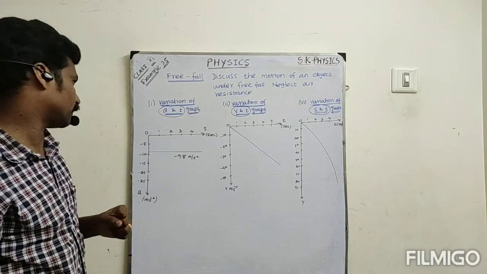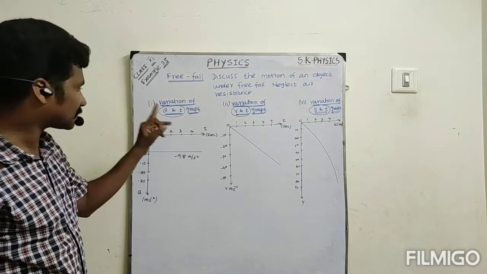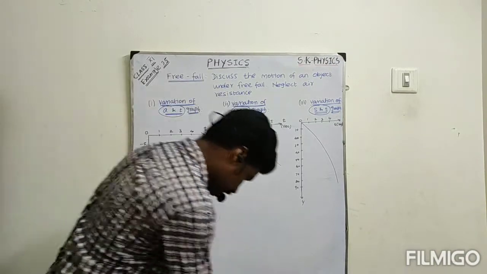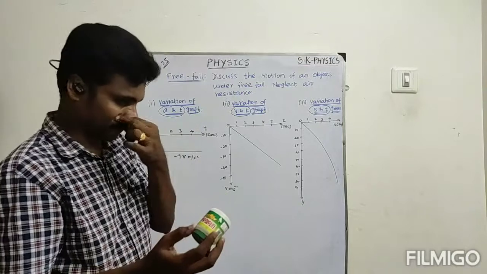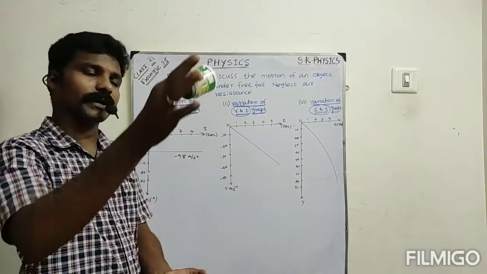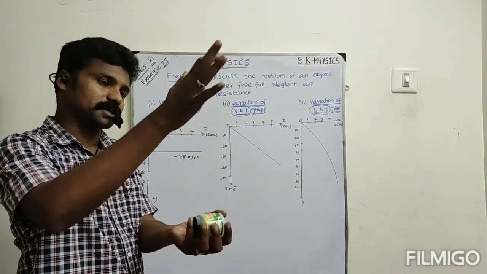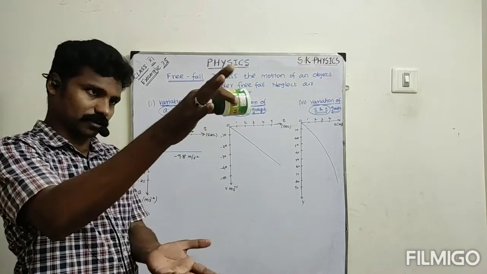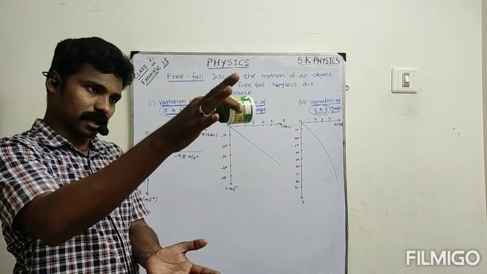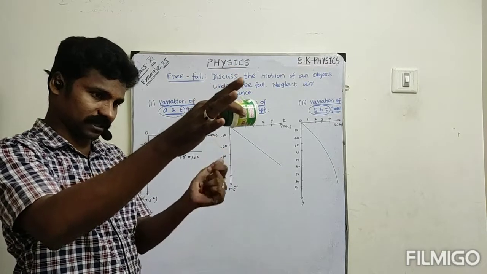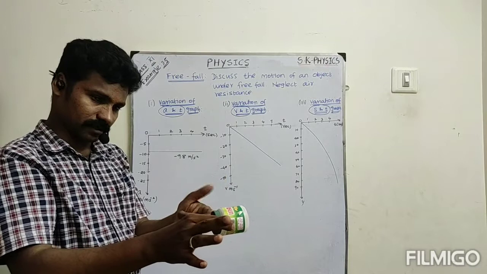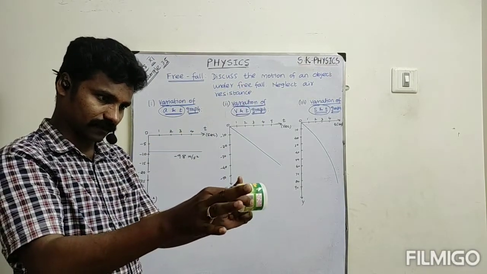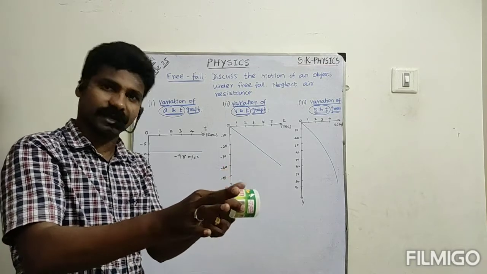See that the first one, acceleration and time. For example, let's take this object. Now I leave this object. Let us say the time is now 0. After 1 second, what is the gravity here? Same, 9.8.